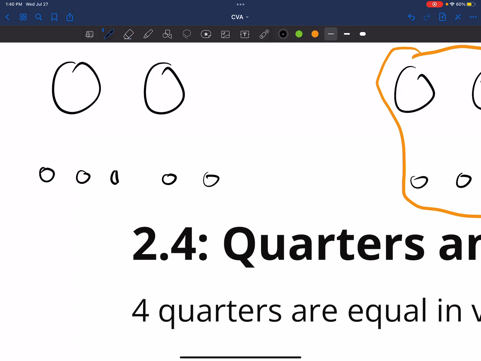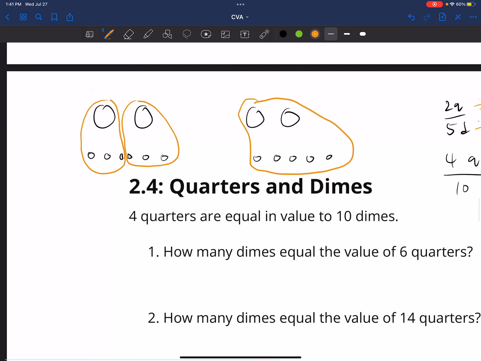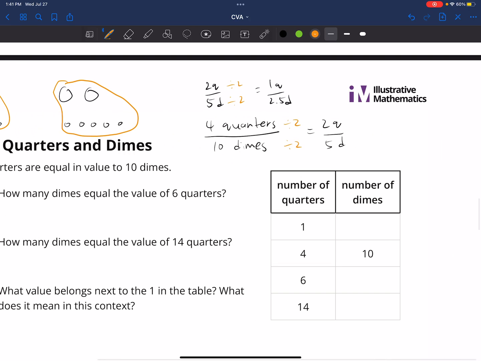So if you put them together, it's 1 whole circle, but I have to cut it in 2 because I have to make it into 2 groups. That's 1 group here, and that's another group right there, right? So that's a half of a dime. So 2 dimes and a half. 2.5 dimes is equal to 1 quarter, which makes sense.